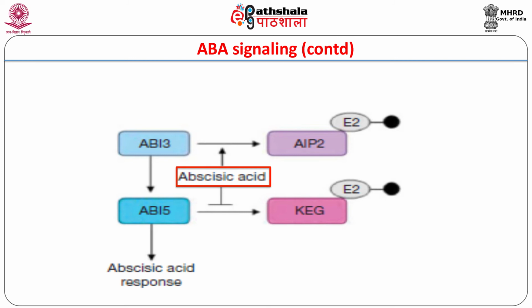On the other hand, ABI5, which is a positive regulator of ABA responses, is not allowed to accumulate in cells due to its degradation by another ubiquitin E3 ligase, keep on going or KEG. In the presence of ABA, the degradation of ABI5 is inhibited by auto-ubiquitination of KEG, thus allowing ABI5 to bring about activation of ABA response genes.